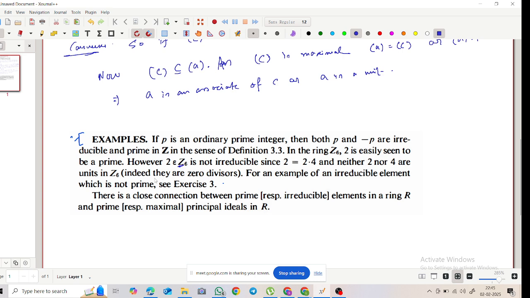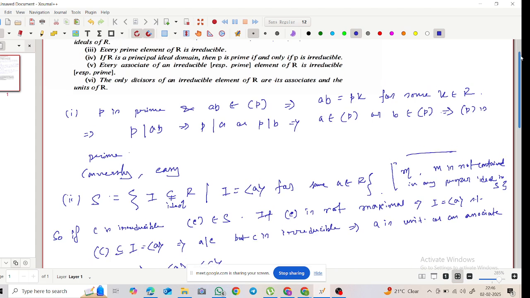Z6, right? Z6 is not an integral domain. And observe the next proof.